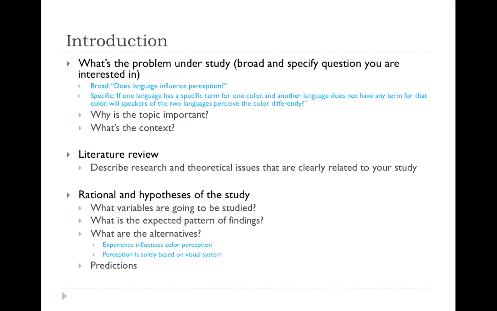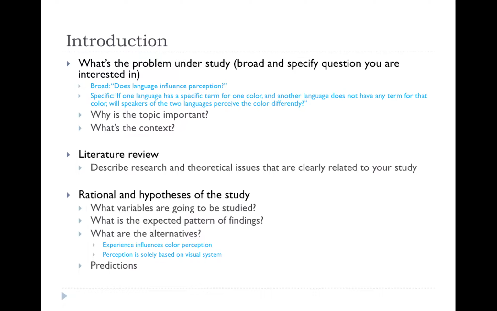So for the body of your actual paper, the first thing, of course, is your introduction section. An introduction section is somewhat similar to almost a literature review that you've probably done for other classes. In the introduction section, you always want to make sure that you're first stating what the problem under study is. Typically you start out with a broad statement, and then you actually say specifically what you looked at for this particular research project.